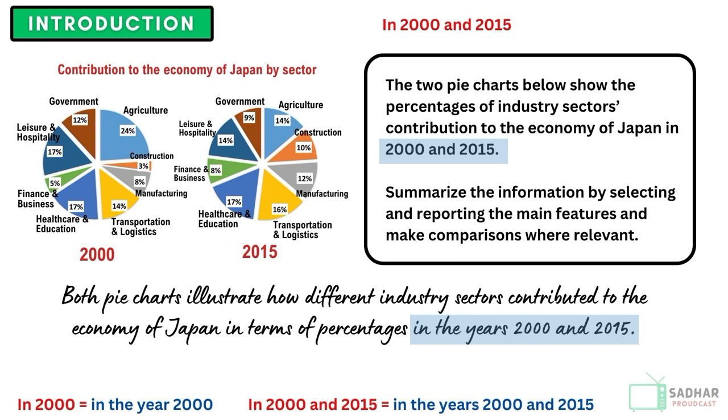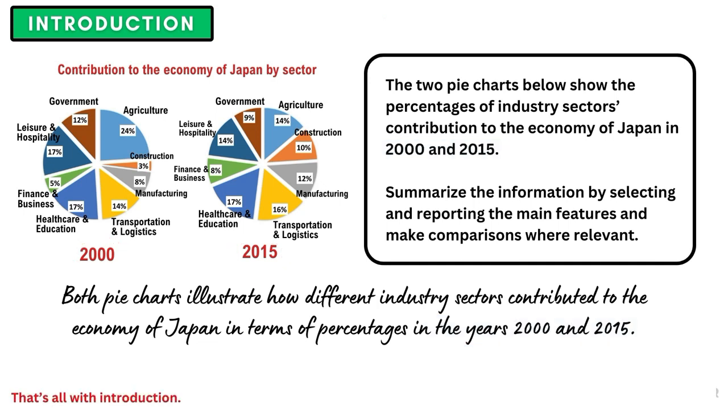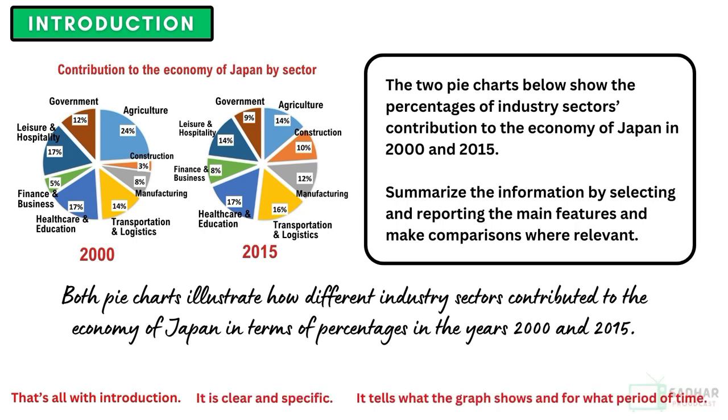If it's in 2000 and 2015, of course, it means in the years 2000 and 2015. And that's what I write in the paragraph. That's it. That's all for the introduction. It is clear and specific. It tells what the graph shows and what period of time.